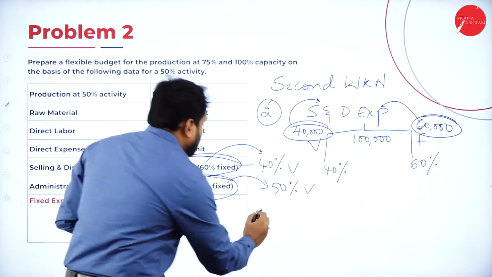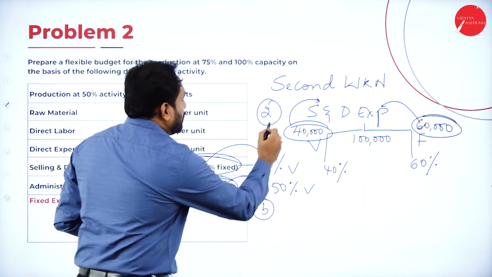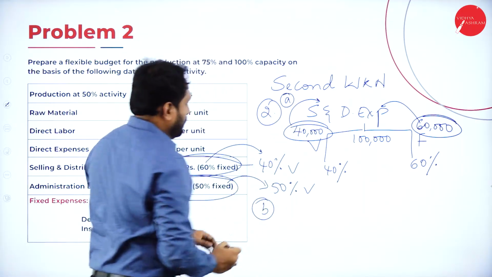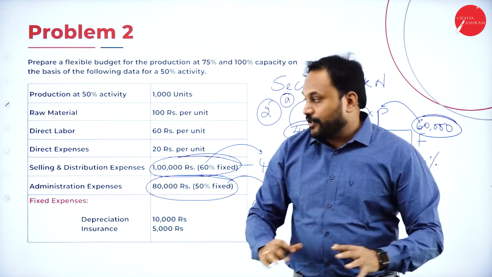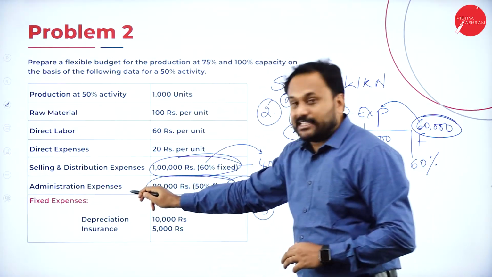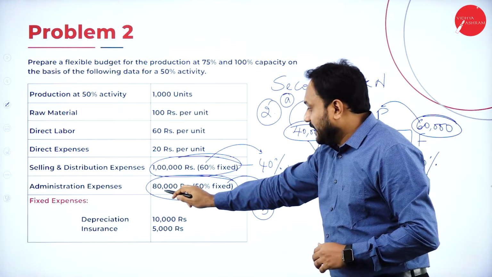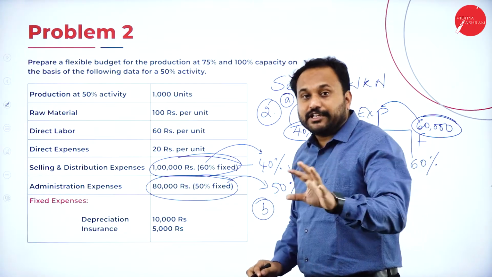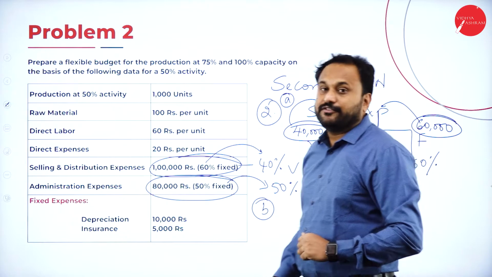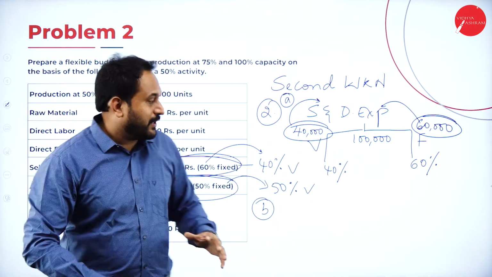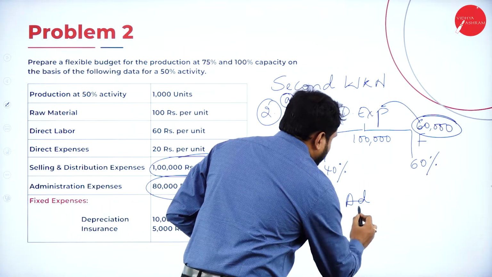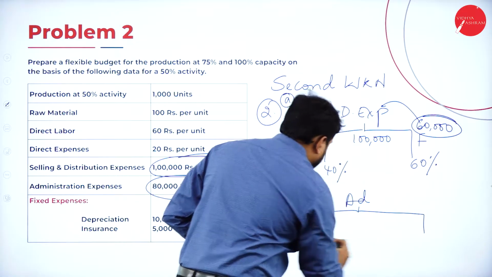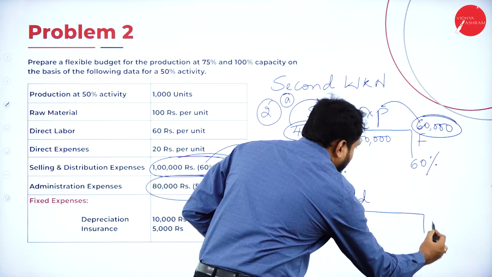Now let's go with the next working note, B. You denote this as A, you go with B. Again we have administration expenses of 80,000 rupees and they have given that 50% is fixed. Write the same pattern here, administration expenses, divide them into 2. Here you write variable, here you write fixed.